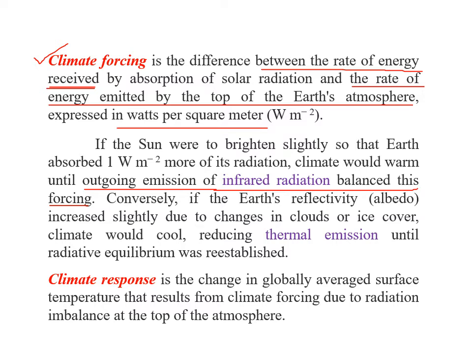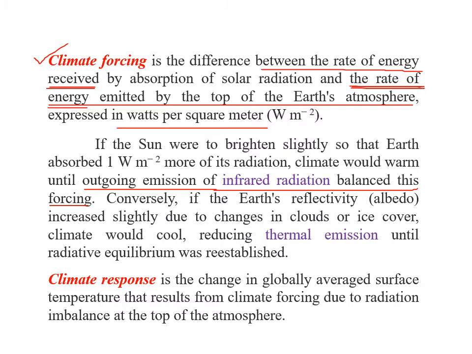Oppositely, if the earth's emission of energy becomes high, it will get the same amount of radiation energy from the sun as it received previously, but the emission of radiation energy from the earth is increased.